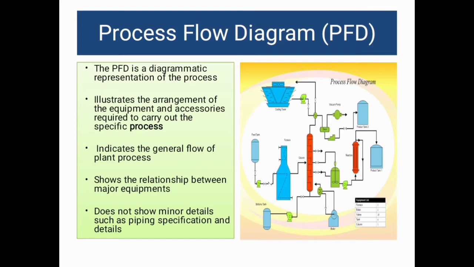Then next to the mixing tank, there is a reactor. Like that, you have to visualize the entire plant and how the materials or fluids are routed from which equipment to which equipment. Everything you have to visualize and memorize as a process flow diagram.